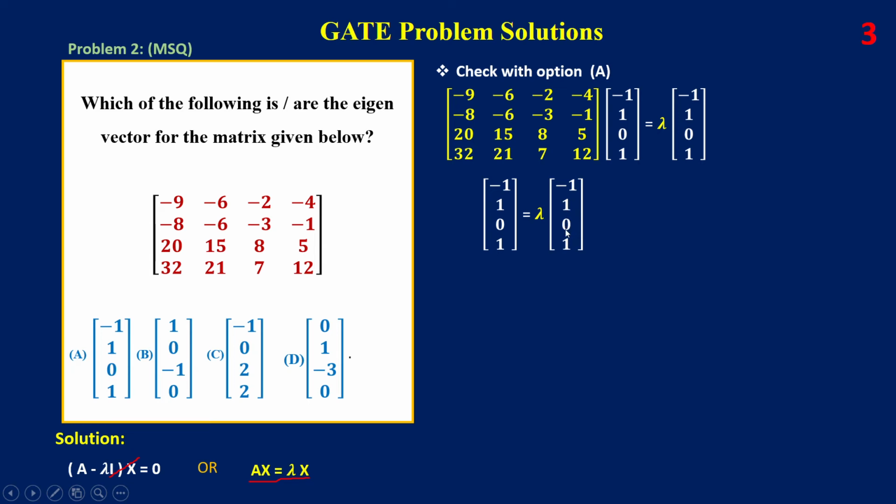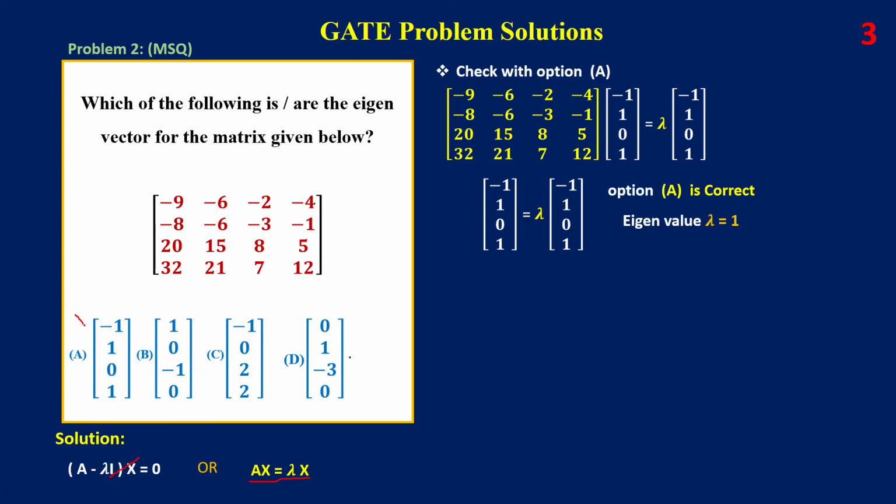If we put lambda equal to 1, the formulation Ax equal to lambda x is satisfied for the option A eigenvector. So with this we can find the eigenvalues also. Option A is the correct one for eigenvalue lambda equal to 1. So we can pick option A first.